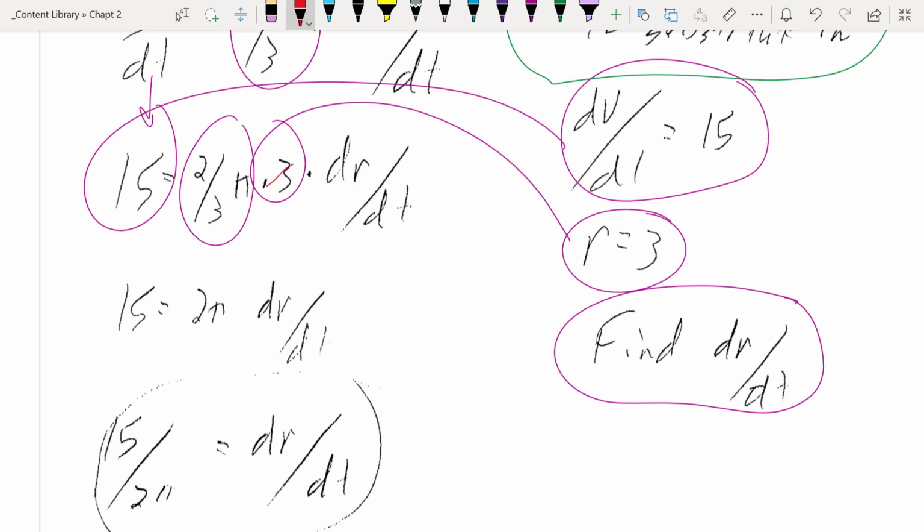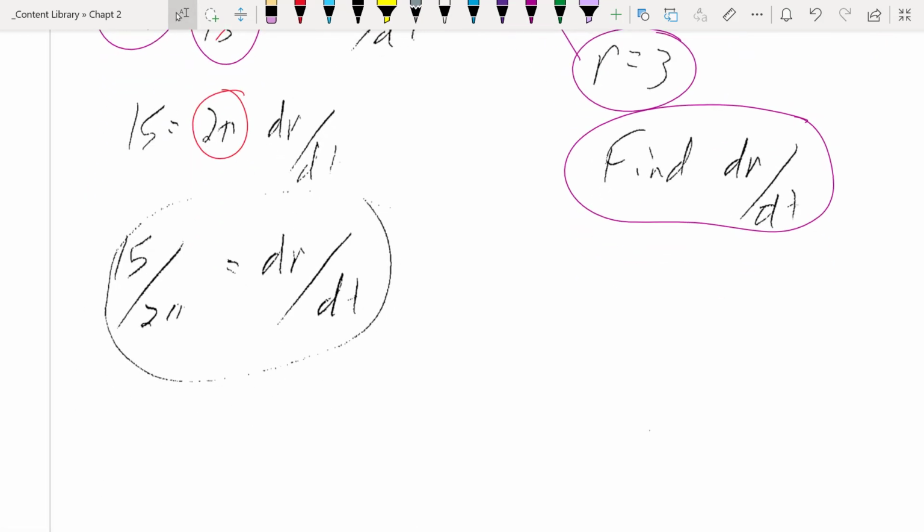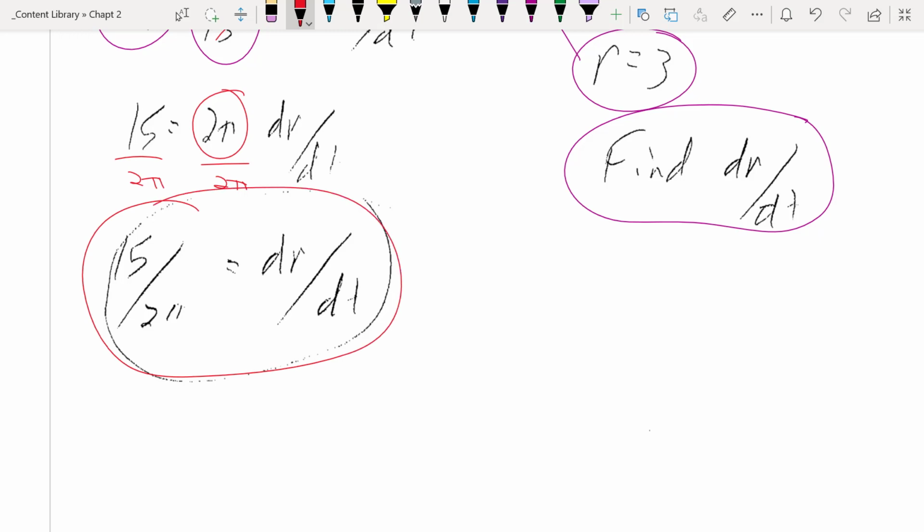So since the 3's cancel, you're going to be left with 2 pi. Now I'm going to divide both sides by 2 pi. I'm going to get 15 over 2 pi equals dr/dt. And I'm just going to leave that in terms of pi, and that would be my answer.